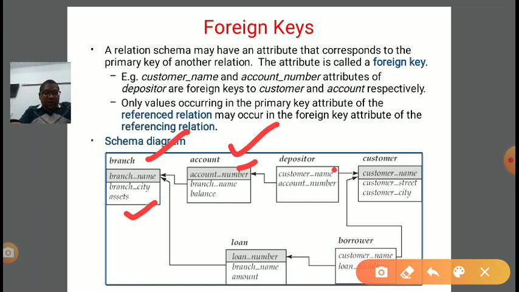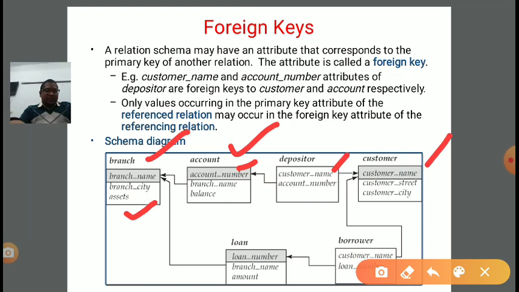Customer name is the primary key of the customer table and account number is the primary key of the account table. So we can say that depositor is the referencing relation and account is the referenced relation. Clear? The parent tables are account and customer, and depositor just references account number and customer name from those parent tables.